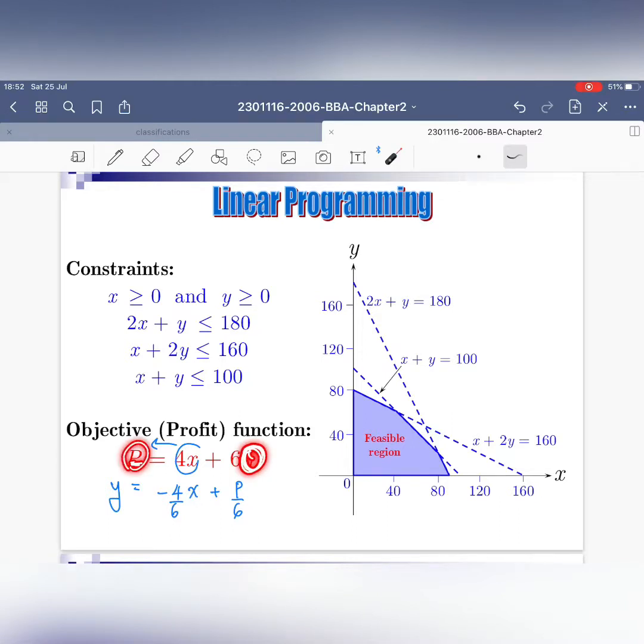And because your p is a profit, it means that your p must be positive, right? So your p over 4 will be a positive number.